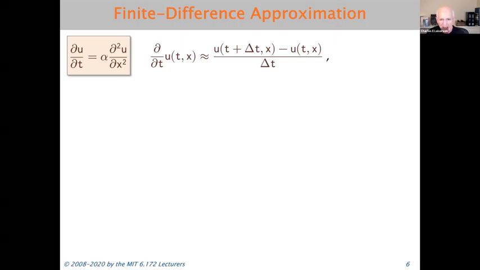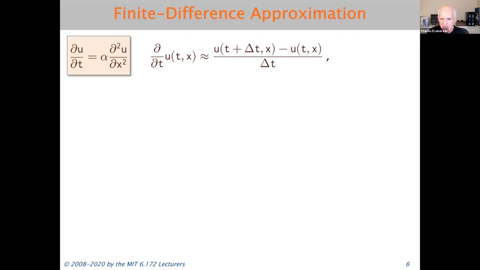And as I'm sure you know, if we take the limit as delta t goes to 0, that's the definition of the derivative. If we took the limit as delta t got smaller and smaller, we approach the derivative. But we're going to just use a small value. Okay, so that's the first step. We did the left-hand side.